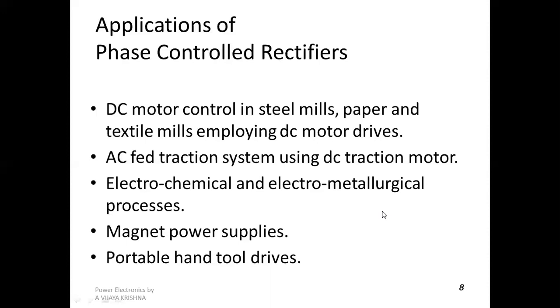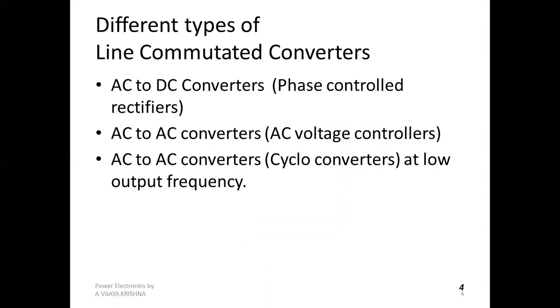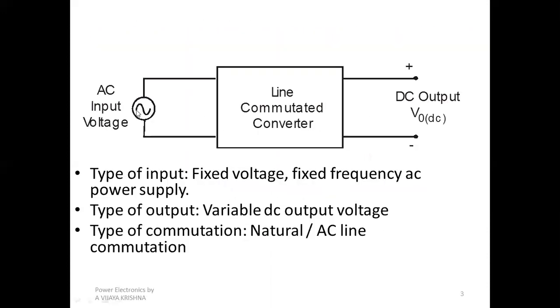For example, consider a sinusoidal waveform applied, consisting of one complete cycle, one positive half cycle and one negative half cycle. If a single diode is placed here, the diode conducts during the positive half cycle, because the voltage is positive and the anode is more positive with respect to the cathode.